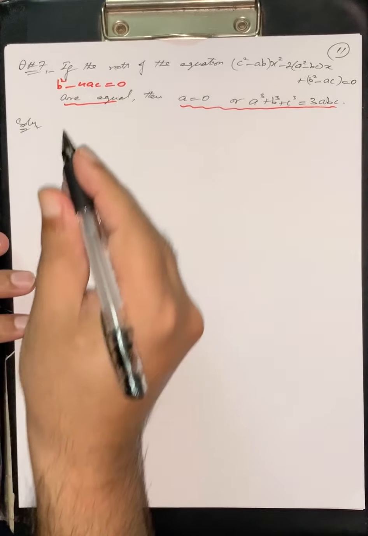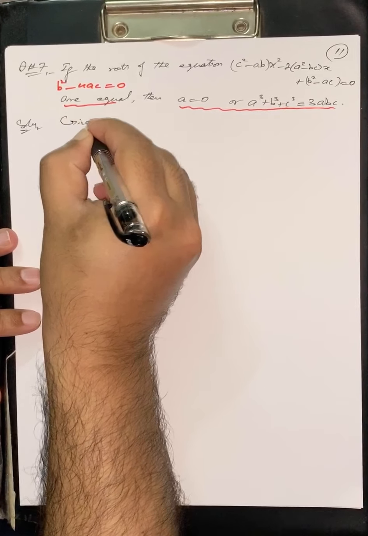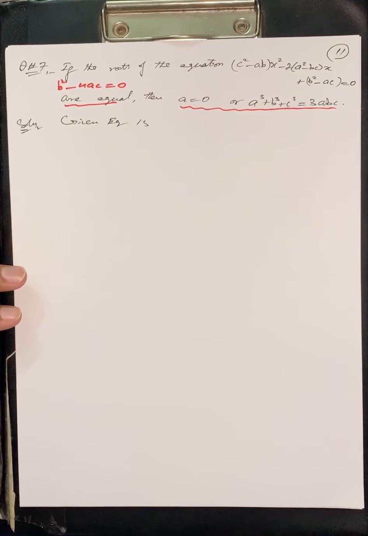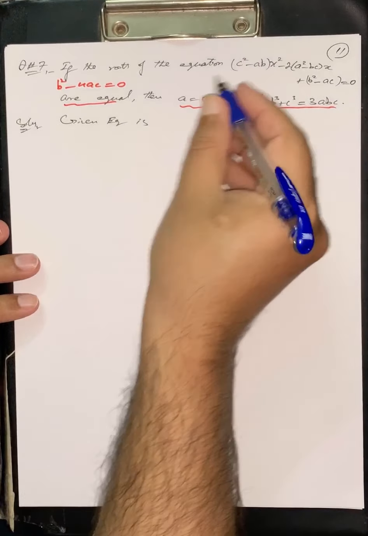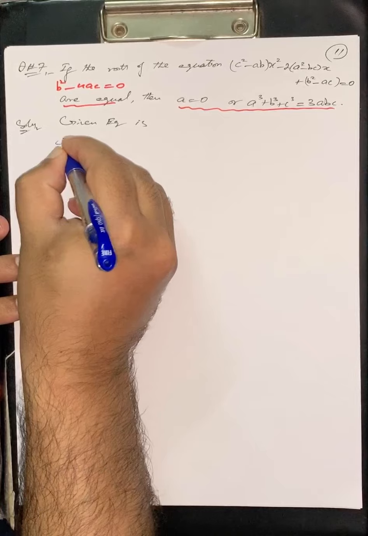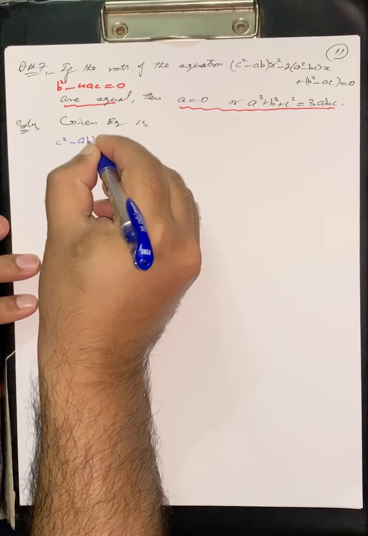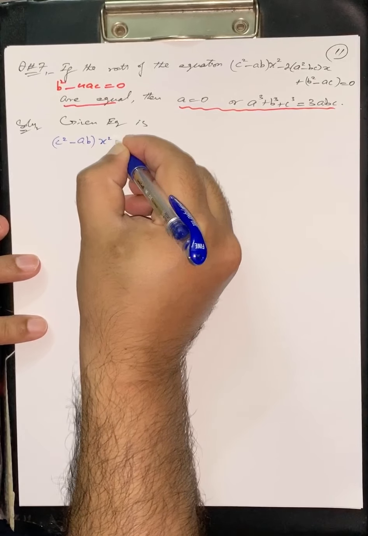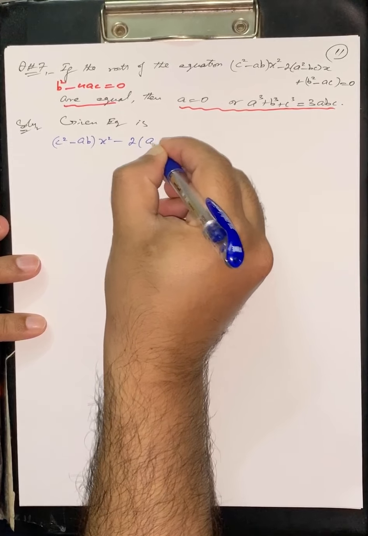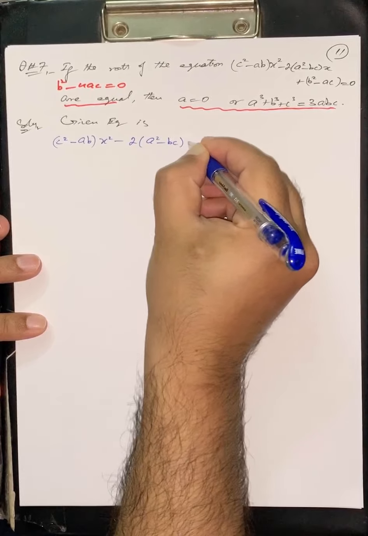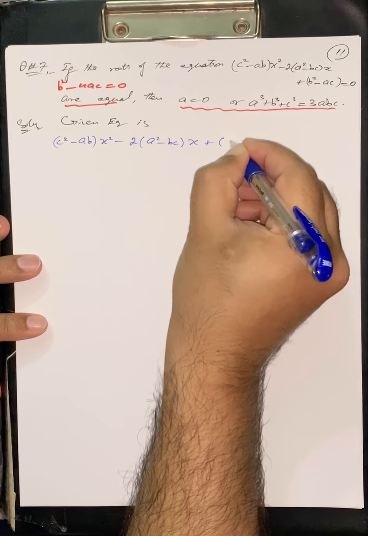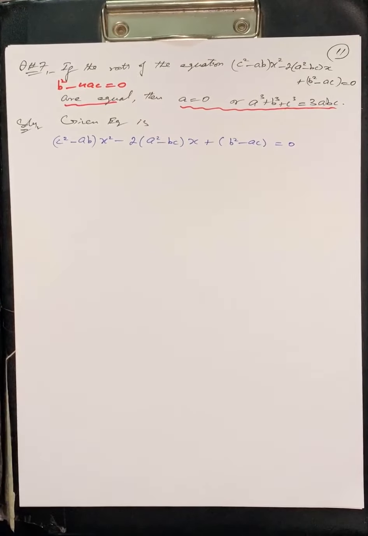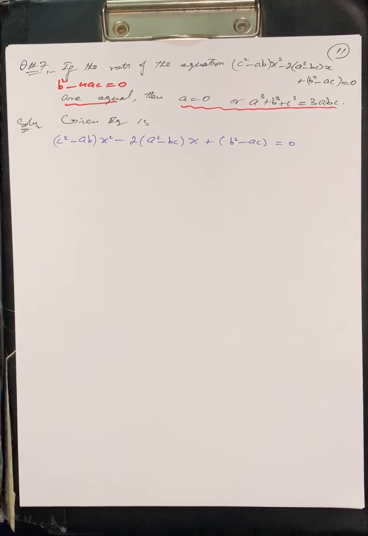Now first we write the given equation. The given equation is (c square minus ab) x square minus 2(a square minus bc) x plus (b square minus ac) equals to 0.